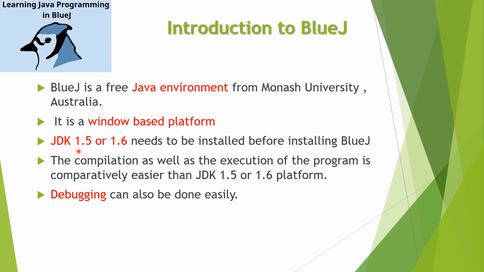We used to write javac filename.java, then for execution we used to write java filename. But nowadays we have BlueJ, a window based platform, so we don't need to write each and every command. This is the difference.